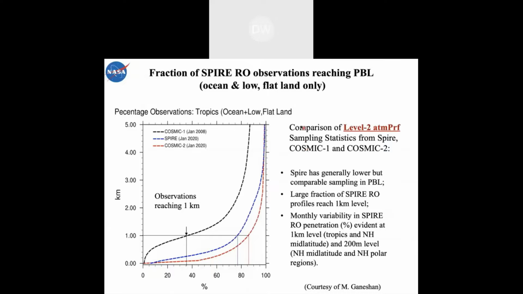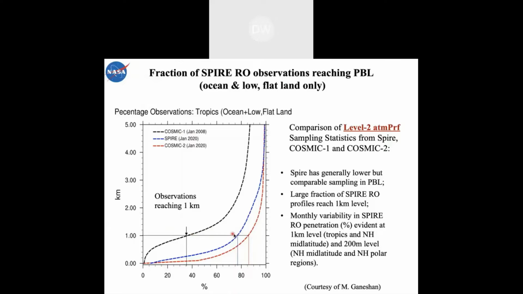For Spire and COSMIC-2, we compare the data from different receivers with different sensitivity. We see what percentage can go to the lowermost atmosphere, where we are typically very interested in the boundary layer, depending on how strong the signal is or how good the receivers are.